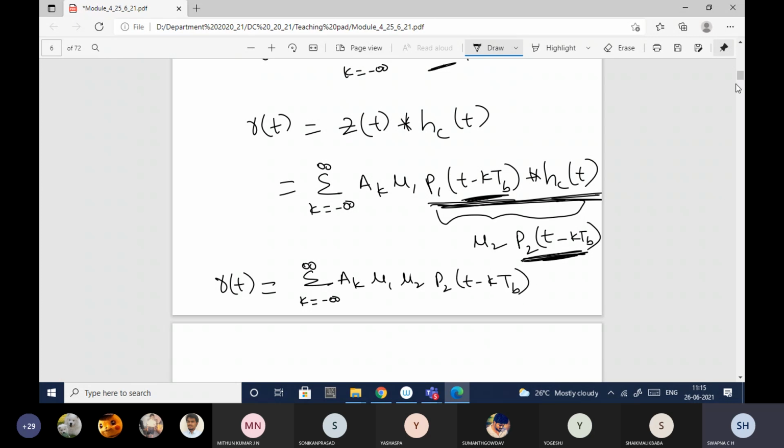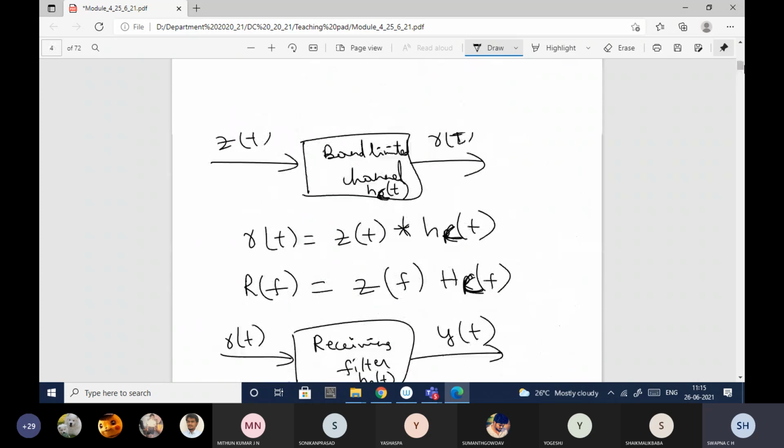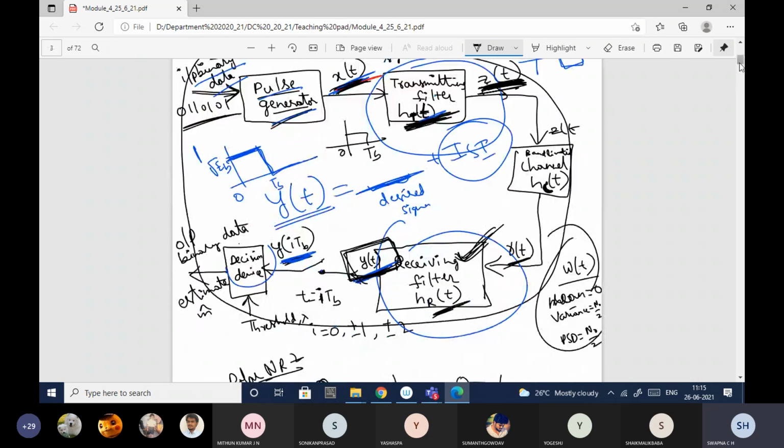Then again come back to the block diagram. This r of t is passing through the receiving filter, with the system function h_r of t. So the output is nothing but y of t. Now I need to find what this output is. Since the filter is an LTI system, whatever input you give will get convolved with the system function, and I'll get y of t.